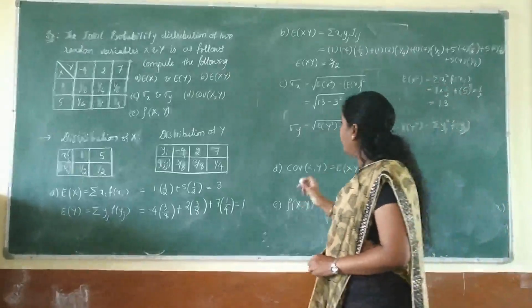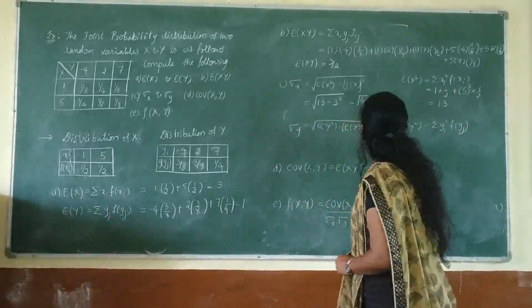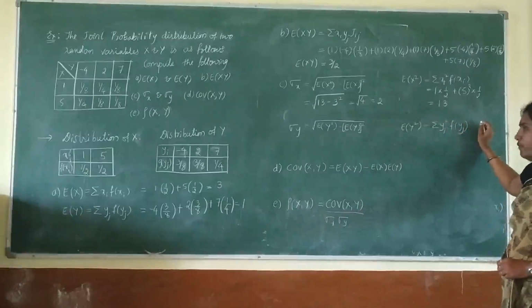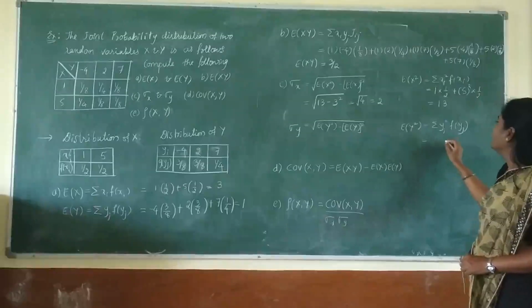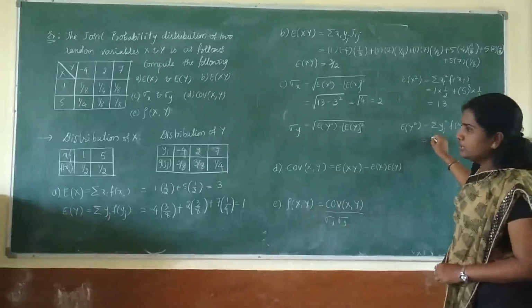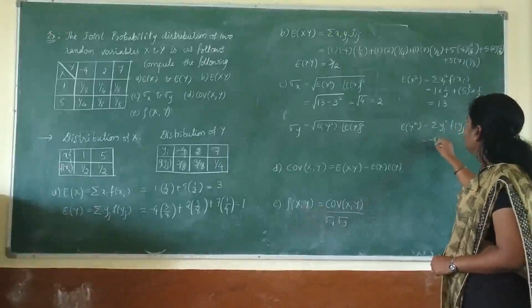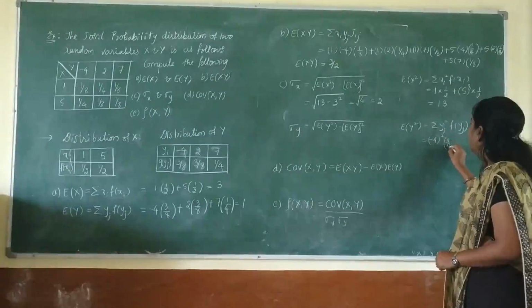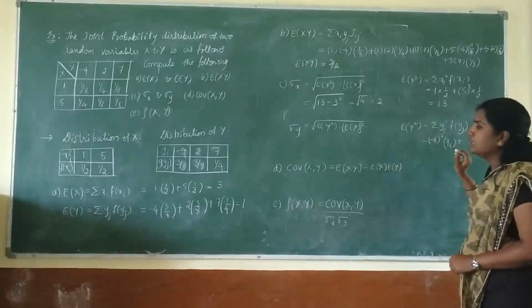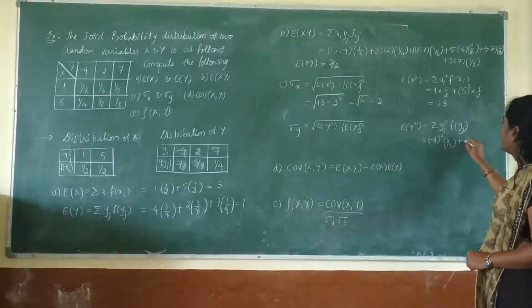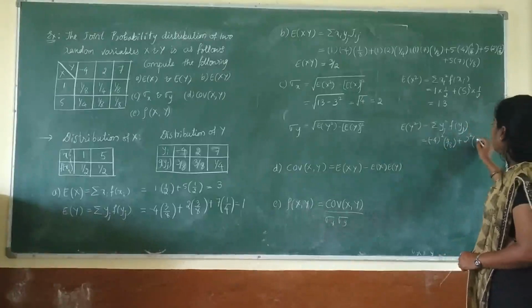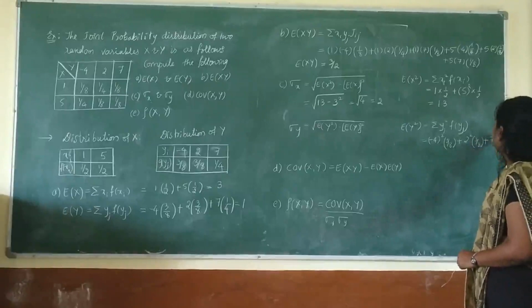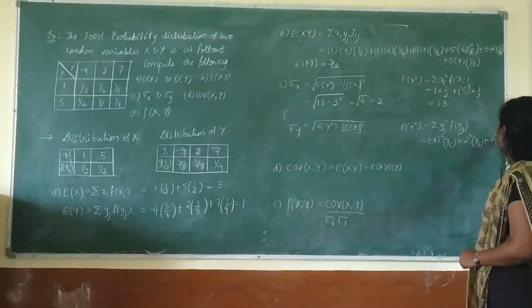Next, sigma of y. To find sigma of y, we need the summation of y square into f of y. First y is minus 4 square into g of y, that is 3 by 8, plus next 2 square into 3 by 8, plus 7 square into 1 by 4.